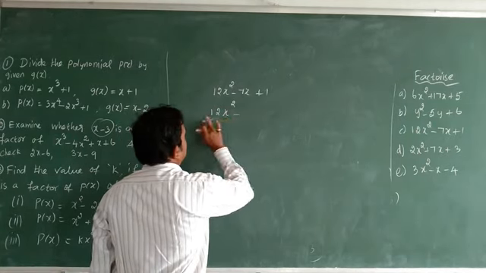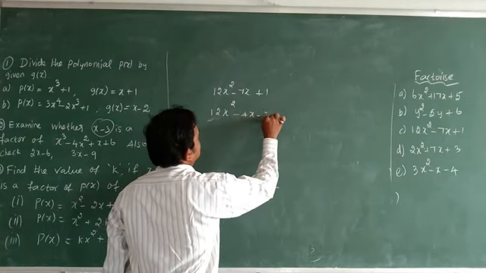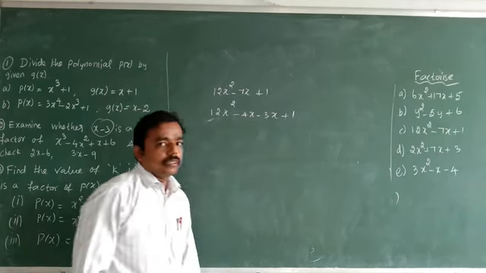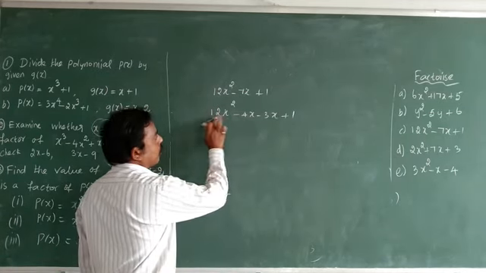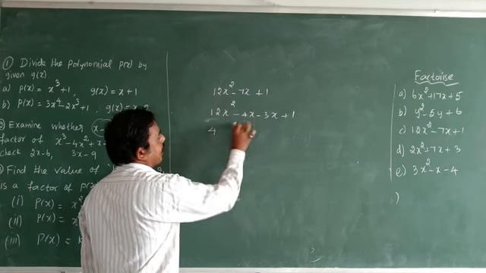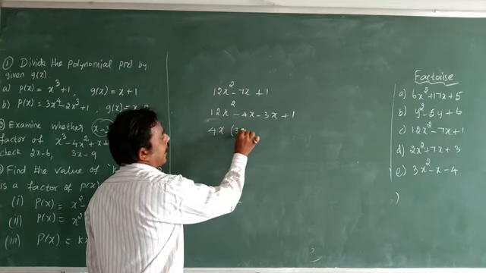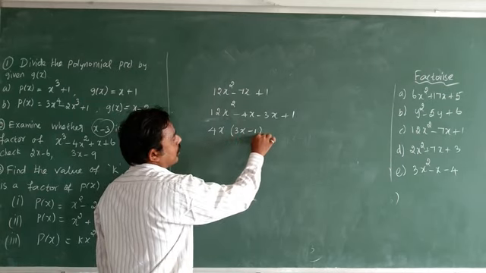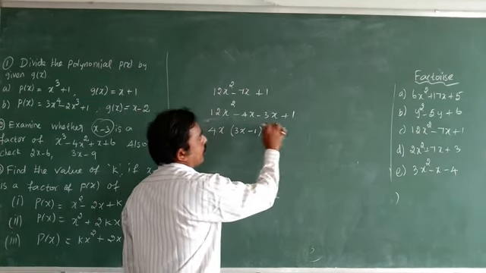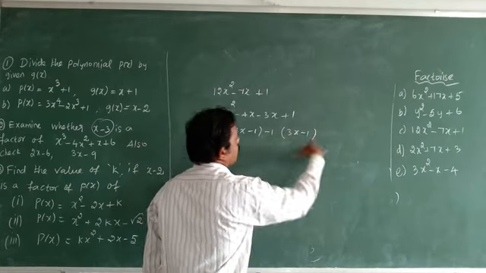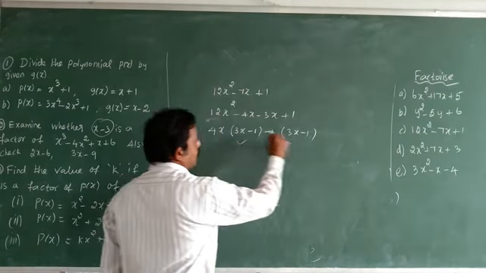So suppose 4x minus 3x plus 1. Now a multiple of 4, not 12. So I can write 4, and x also. Remaining, 4 into 3 is 12. So 3x minus 1. Here I am going to write minus 1 as a common factor. So minus 1 is here, 3x minus 1. Now it's possible.